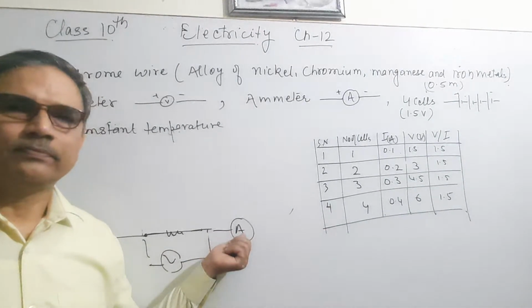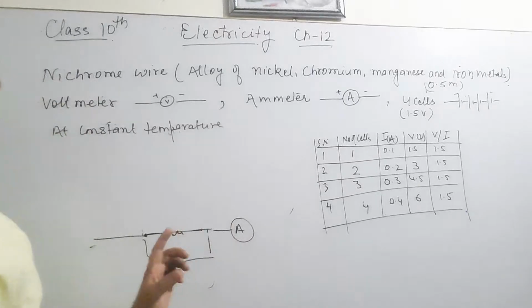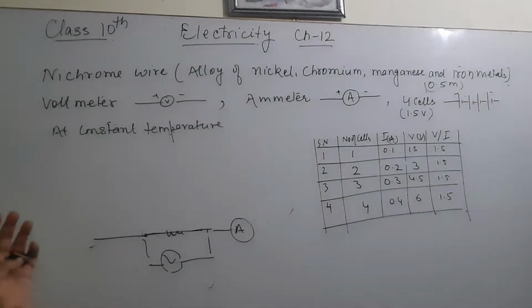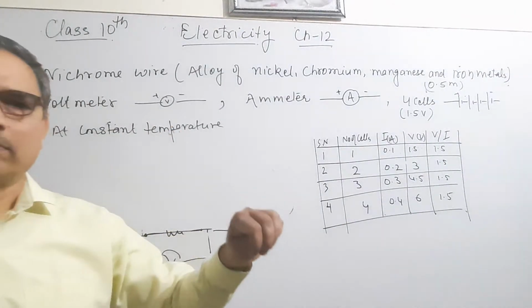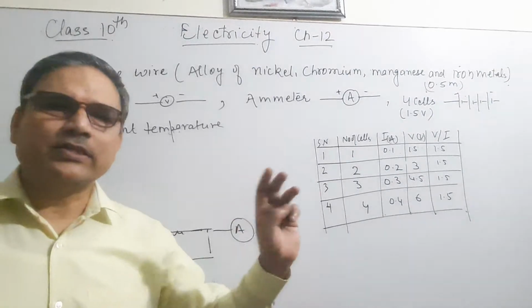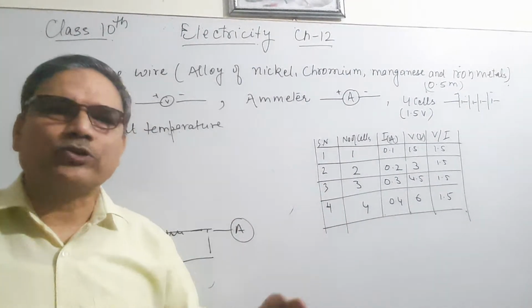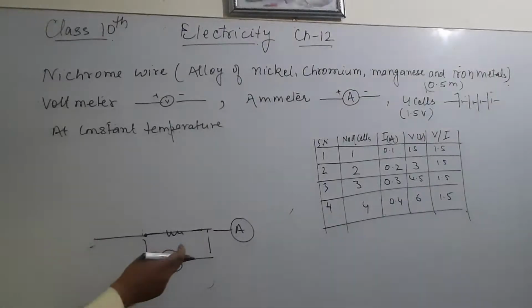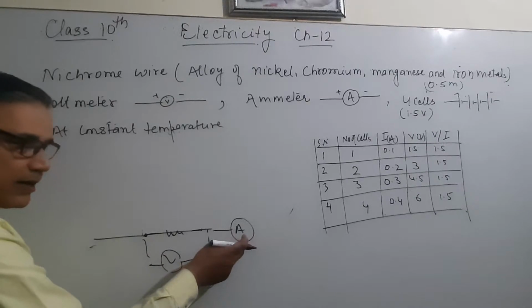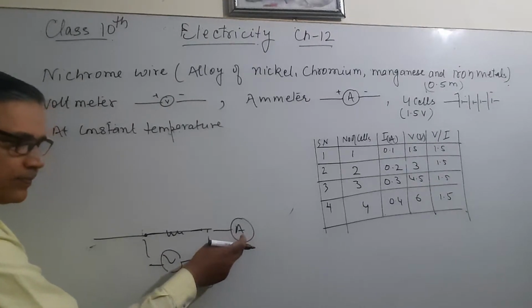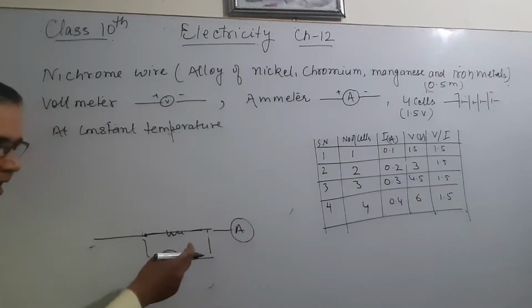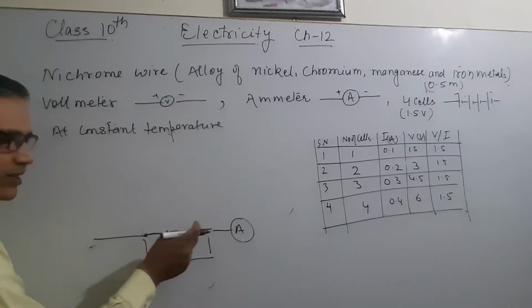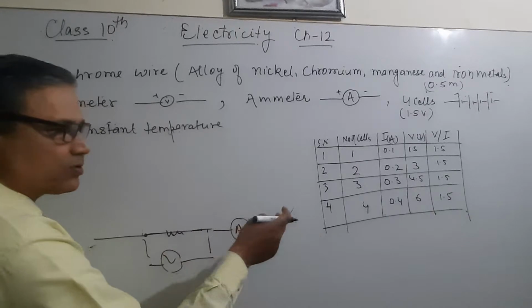It means when we increase the voltage or potential difference, the current will proportionally increase. Another statement: the current flowing through a conductor is directly proportional to the potential difference across its ends at a constant temperature.